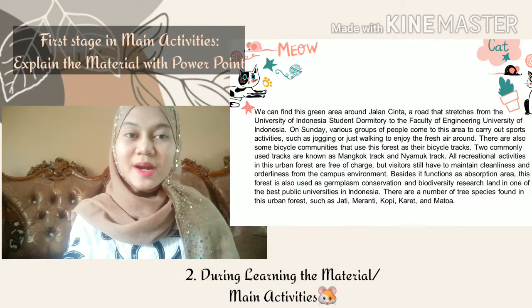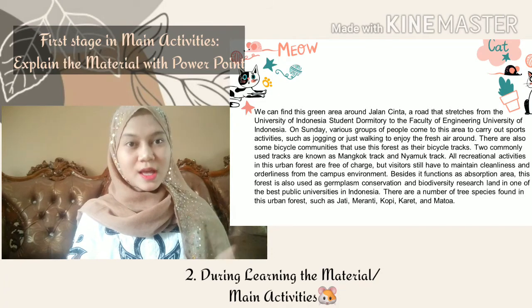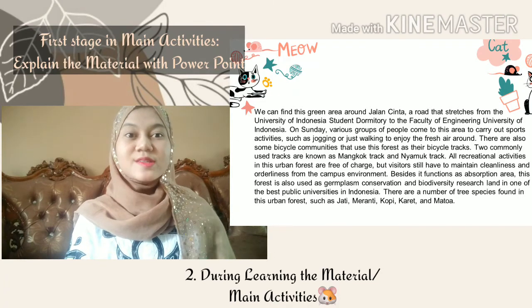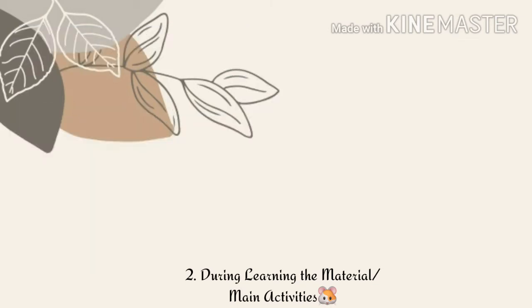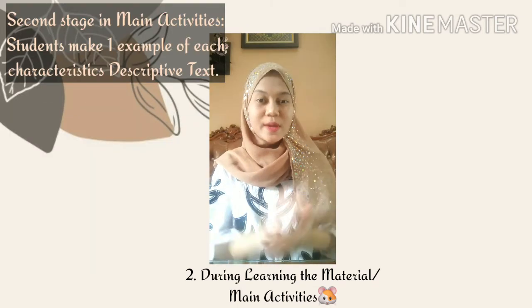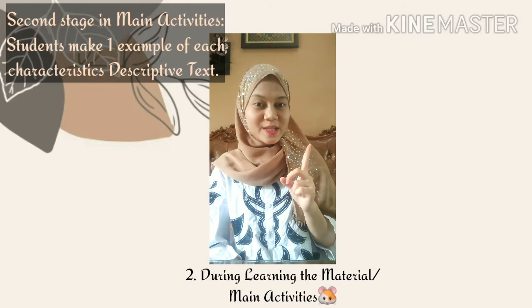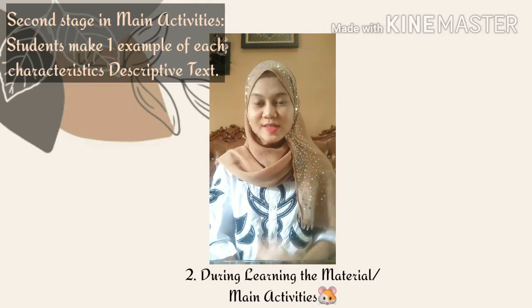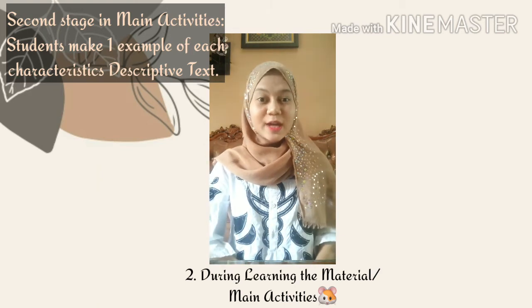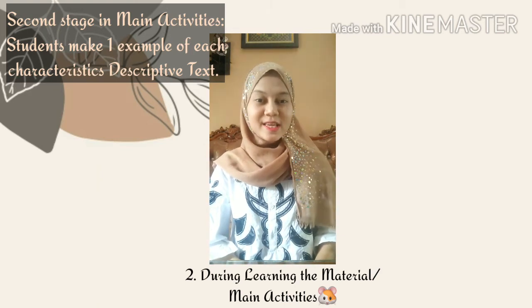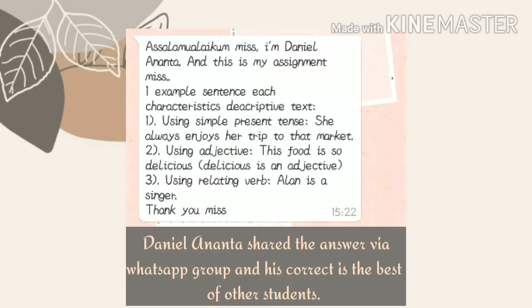Then the second paragraph is called description, where the paragraph contains things that are described clearly and in detail. Miss will instruct you to make one example sentence each of the three characteristics of descriptive text that you have learned earlier. And you can type the answer and send it via WhatsApp group.